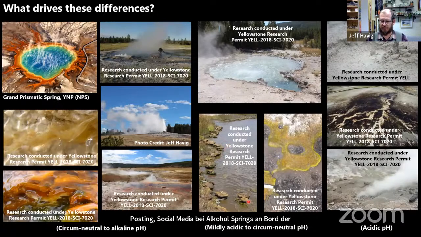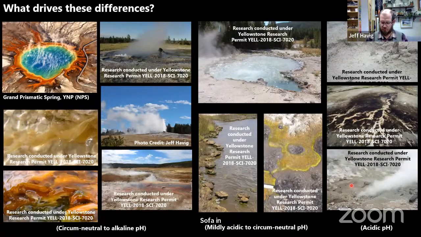You can have mildly acidic to circumneutral hot springs, where you can have silica precipitation occurring around them, and they can look a fair bit like the alkaline systems, but they are different. And we even have places where we have stromatolite reefs growing, and microbial mats growing right up next to gas sources. And then we have acidic sites such as mud pots and seeps where we have high sulfide precipitating sulfur, and fumaroles, of course, as well.